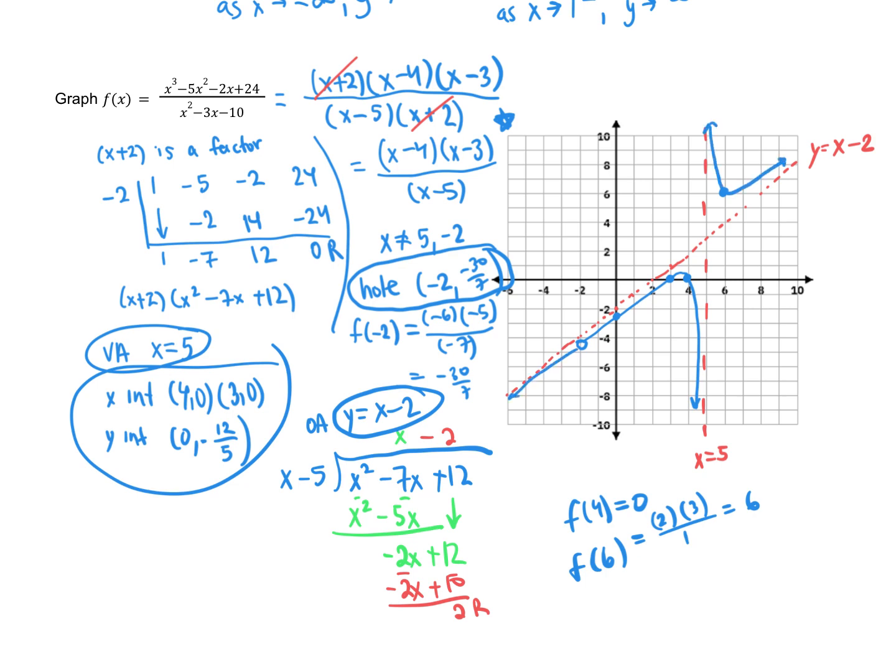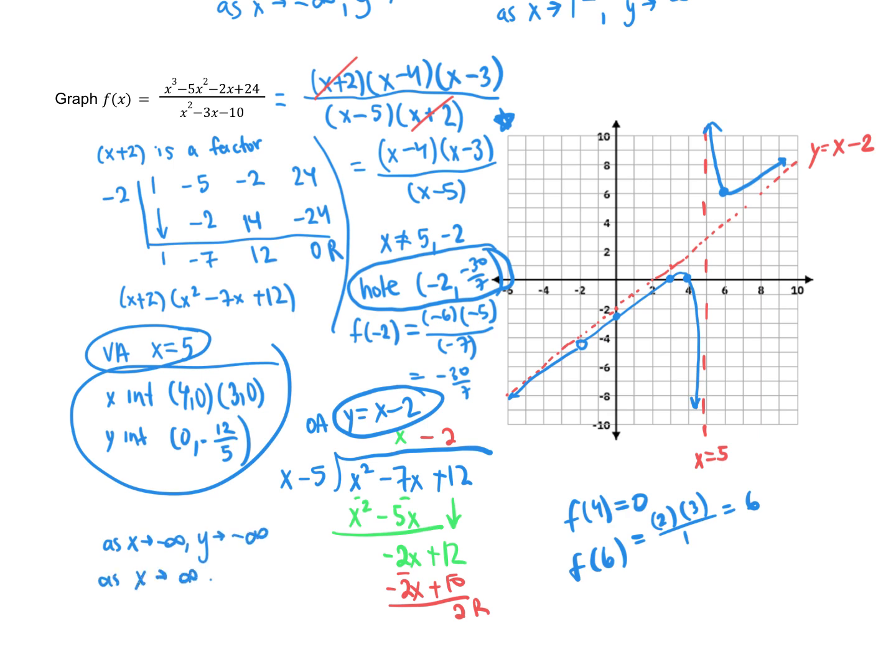Just following my asymptotes. And I can do a double check with my end behaviors, of course. So as x approaches negative infinity and I plug in negative 100, let's say, I would get a larger negative number. So y approaches negative infinity.